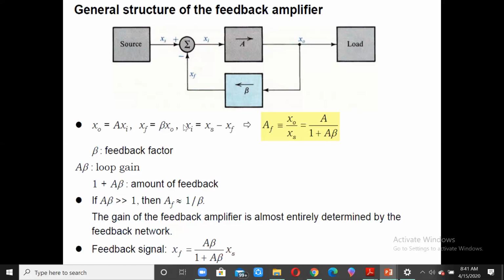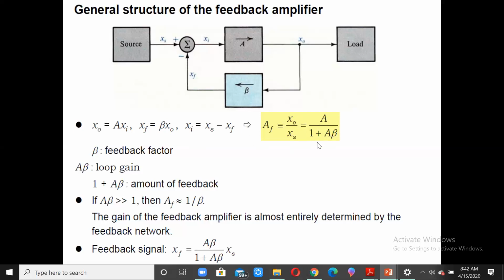Now in the equation you can substitute for Xi the value XS minus XF, and then in place of XF substitute beta X0. Then expand it and take the term corresponding to X0 from the left hand side to the right hand side, take the common X0 and write X0 by XS.